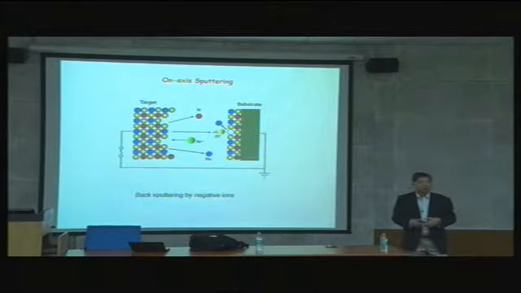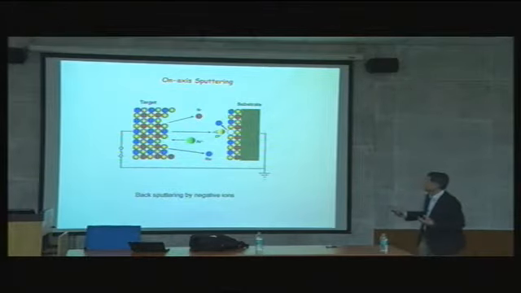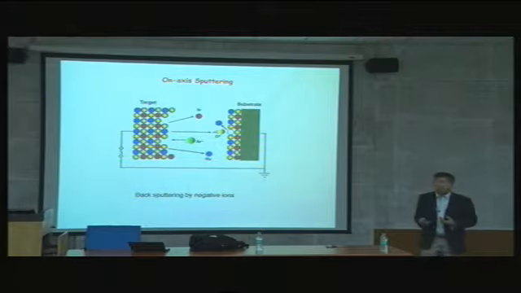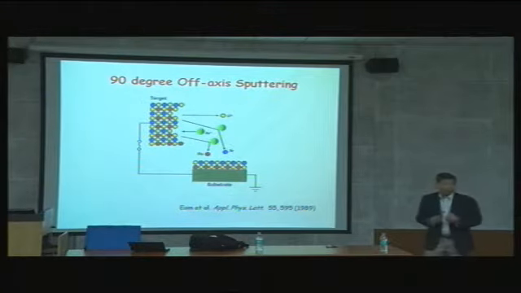So another simple approach is to change the geometry. Then you can remove this problem. We call this 90-degree offset sputtering.